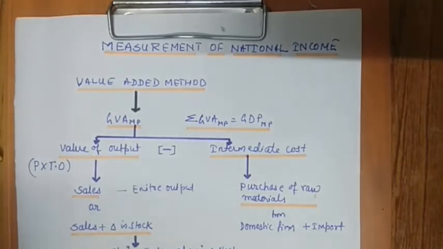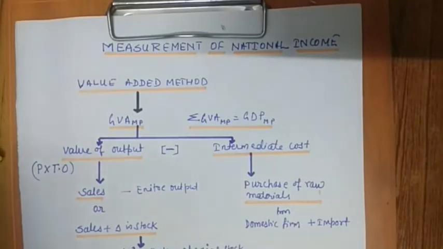Third, when entire output is not sold in an economy or accounting year, the value of output will be equal to sales plus change in stock. Change in stock is closing minus opening.